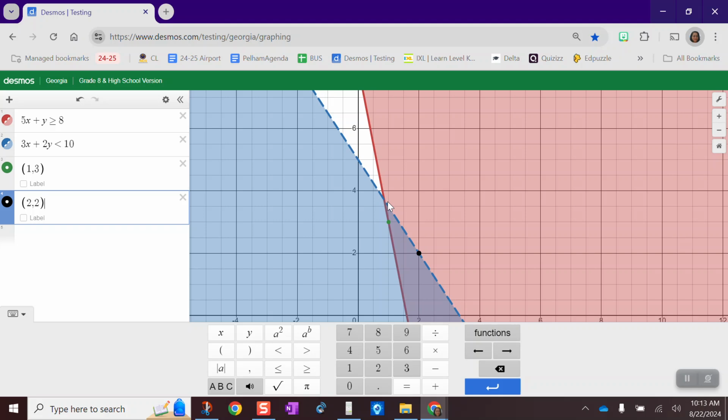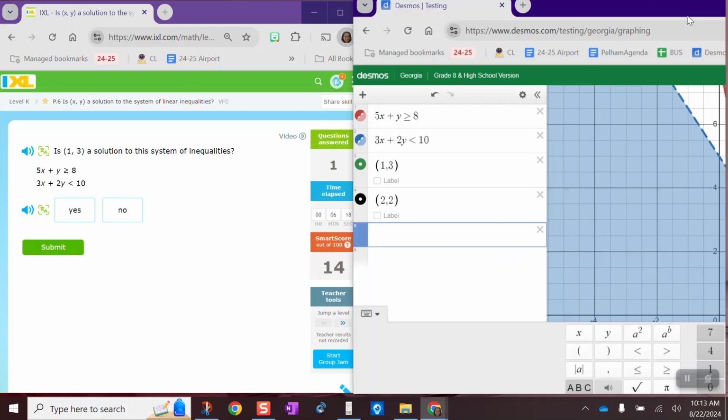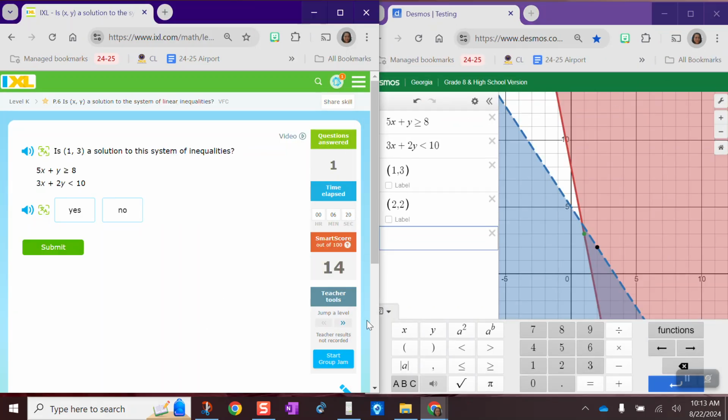It has to be a solution for both of them, not just one of them. So if your dot were to lie right here, where the dashed line and the red one overlap, it wouldn't be a solution because one of them is dashed. Okay, I hope I made that point. It's important. And we said (1, 3). What was (1, 3)? Oh, it was yes, right?